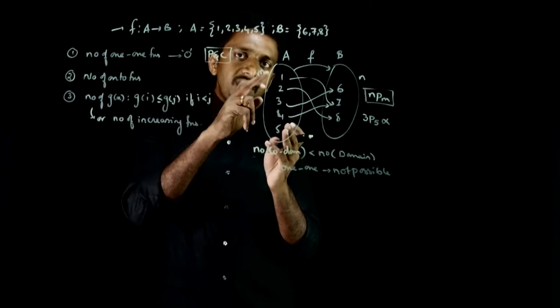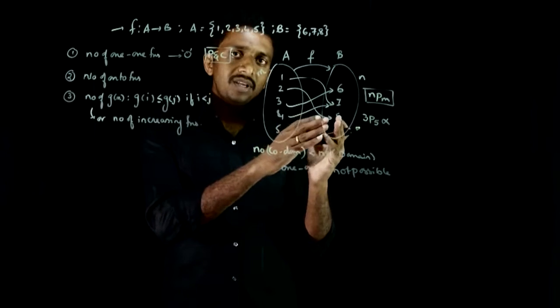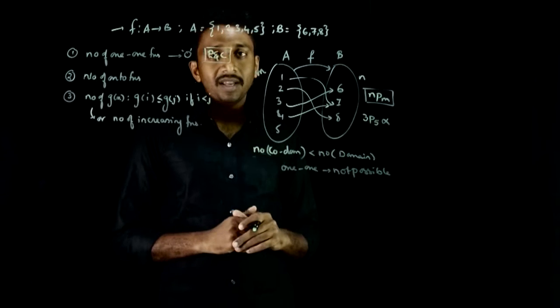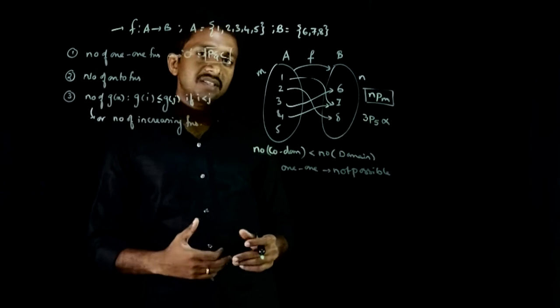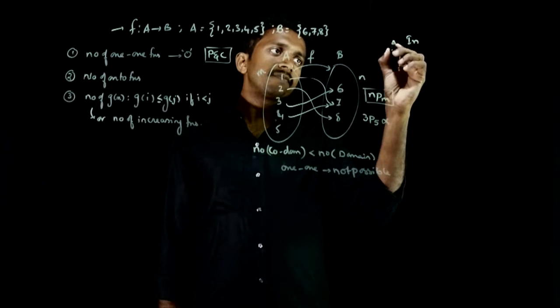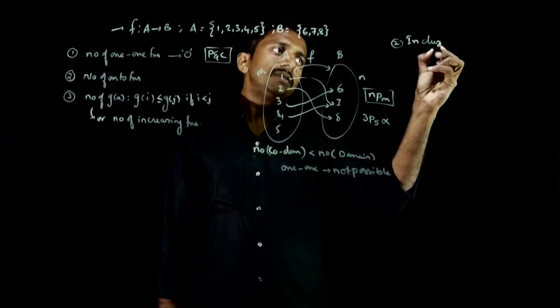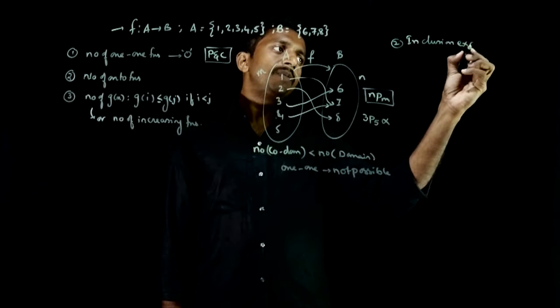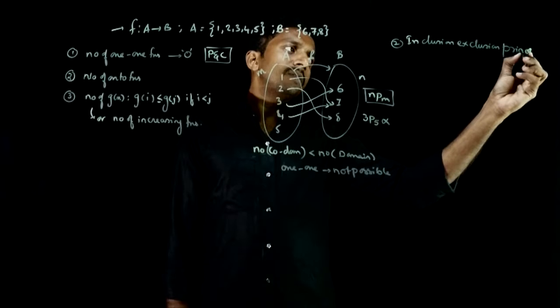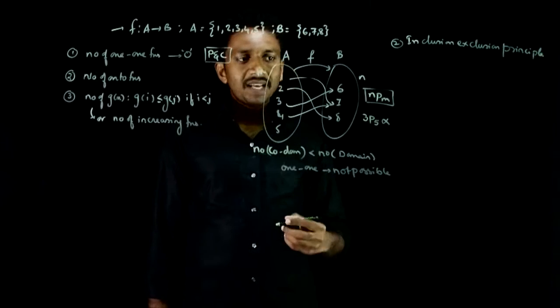I have to distribute these 5 sweets to these 3 students so that no student is empty-handed. So this is a basic question of inclusion-exclusion principle.